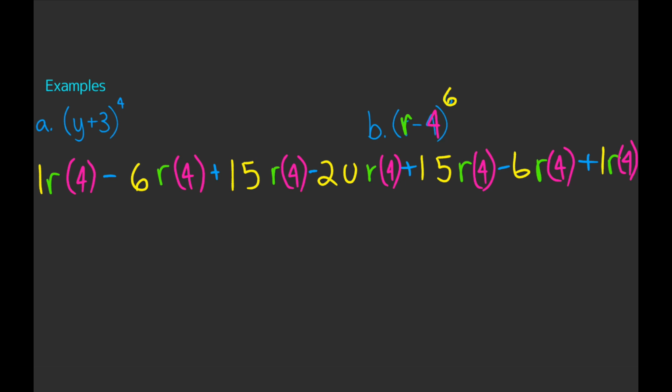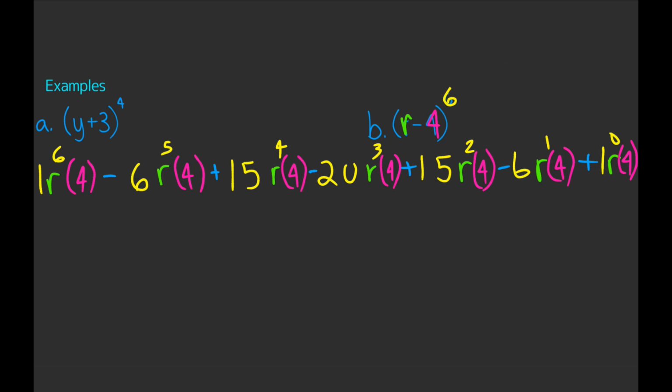Next, we are going to do the exponents on the r, which is our variable. Do you remember which exponent we are going to start with on our first term for our variable? Right, we are going to start with our maximum, which in this case is 6. And then we are going to decrease. So 5, 4, 3, 2, 1, 0.